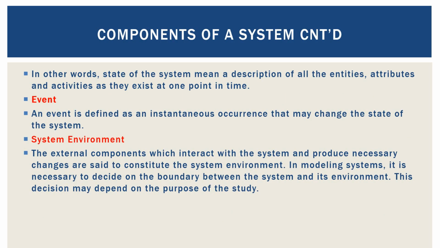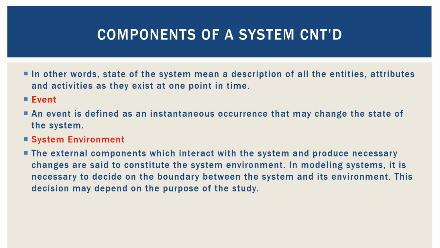And now we are still continuing with the components of a system. So, in other words, the state of the system means a description of all the entities, attributes, and activities as they exist at one point in time. So that's how we define the state of the system.